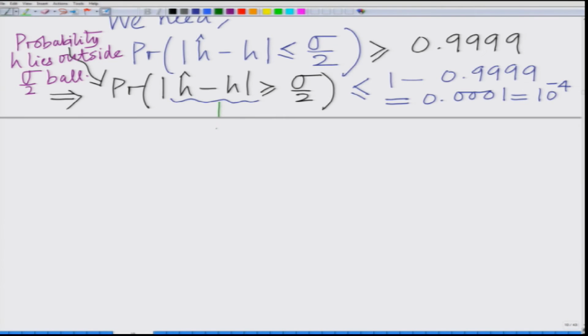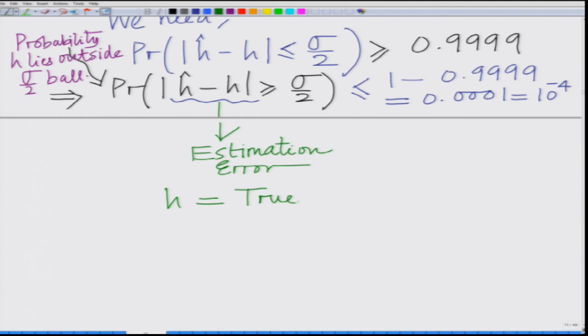Now, you have to realize this is nothing but your estimation error. Because we have H equal to the true parameter, H hat equals the estimate, that is your MMSE estimate.